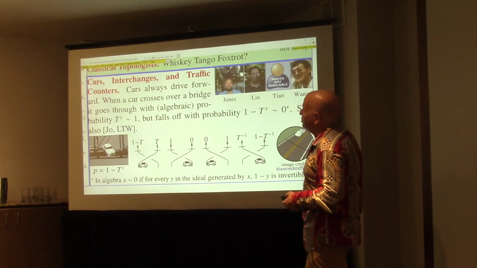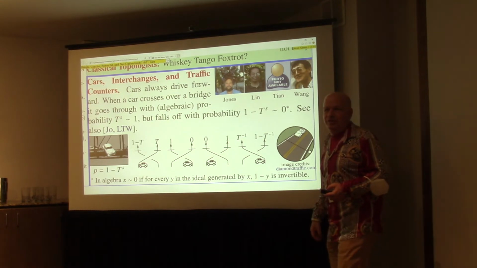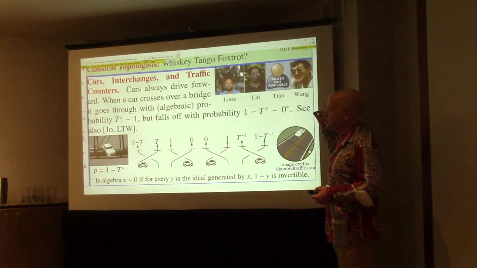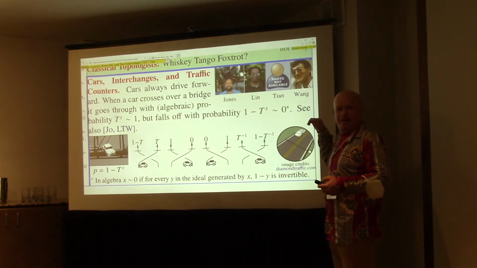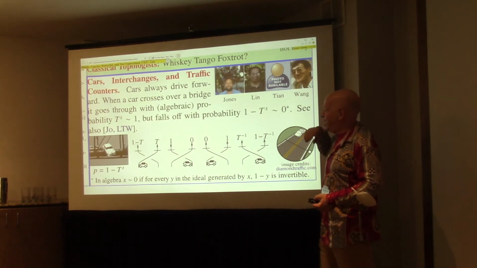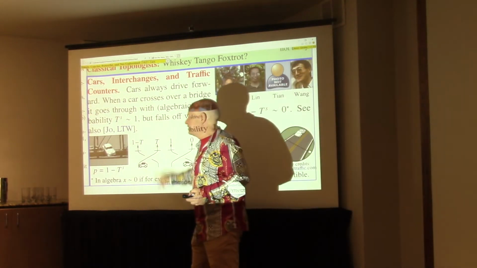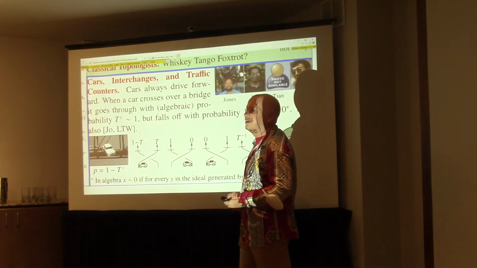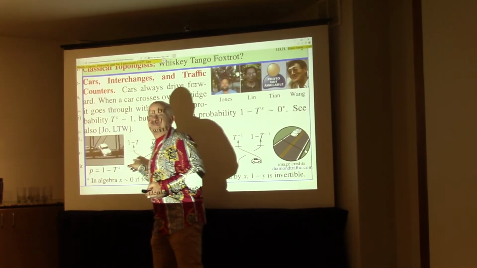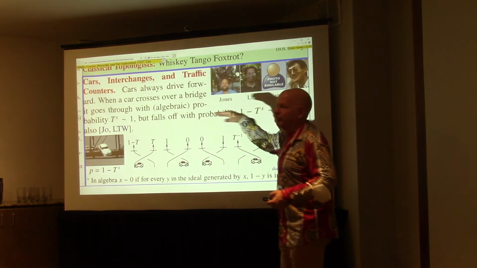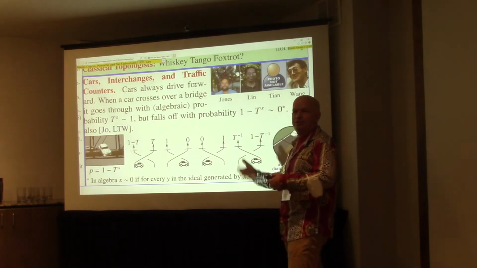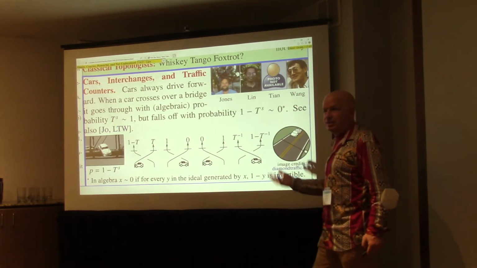Again, if I had more time, I would have told you that this Green function has a lovely interpretation in terms of cars driving on the knot, where you think of every crossing as an interchange, and occasionally, with some probability, cars drop from the upper layer of an interchange to the lower interchange, and then you place traffic counters in, and you measure the amount of traffic, and that's the Green function.